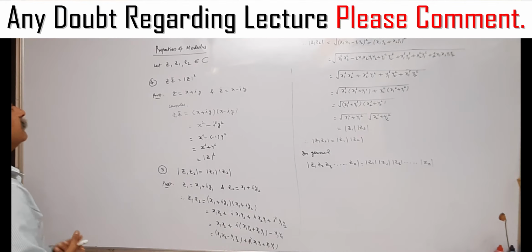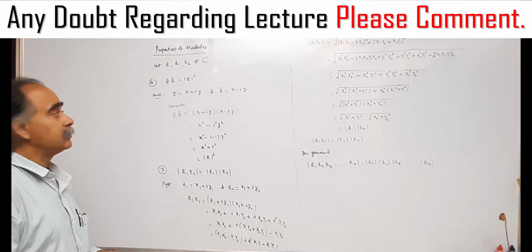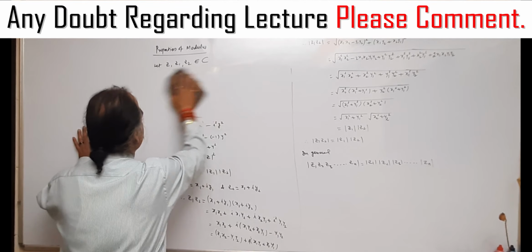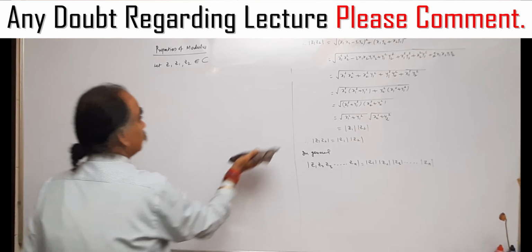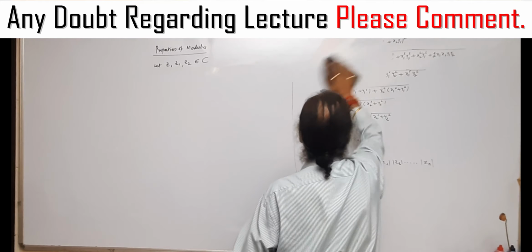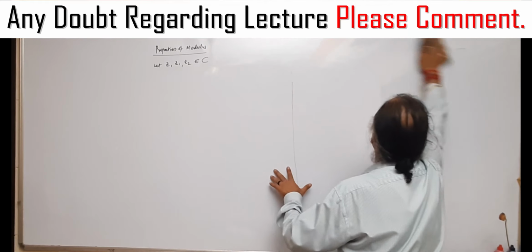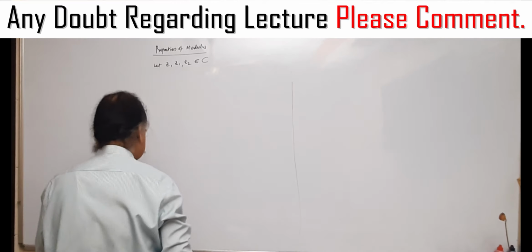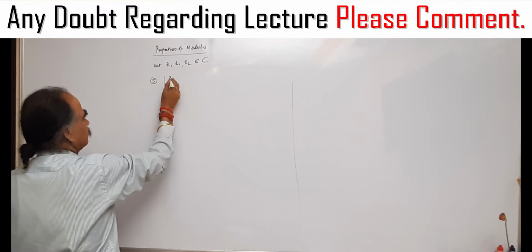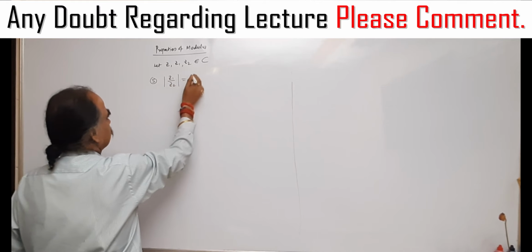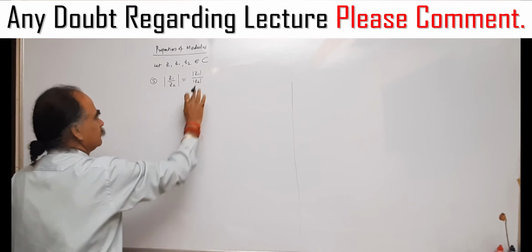The next one is number 5. Modulus z1 upon z2 is what? Mod z1 upon mod z2.